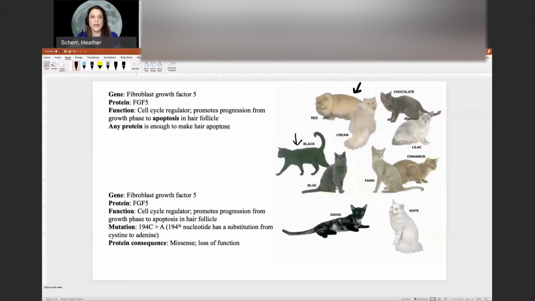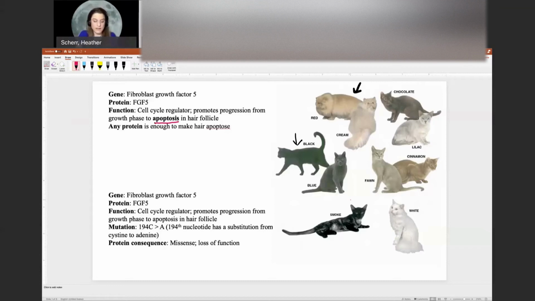Once the follicle dies, the hair doesn't grow. So it's apoptosing, meaning it's undergoing programmed cell death. If it's dying, is the hair going to keep growing or not? I imagine not.